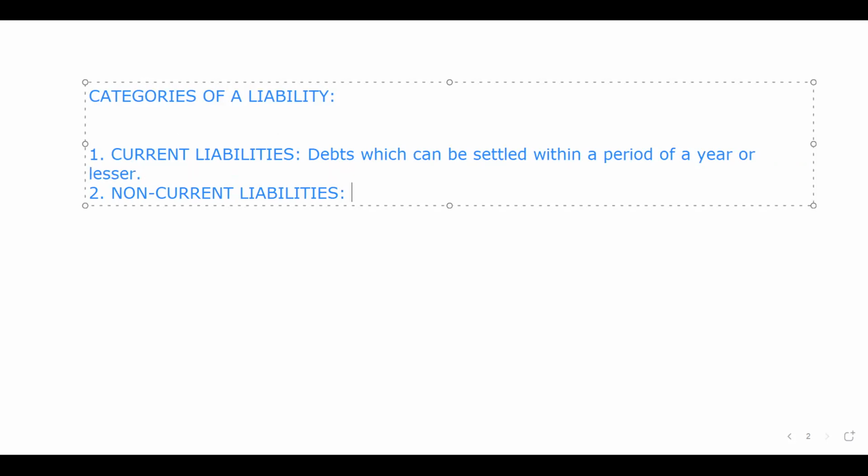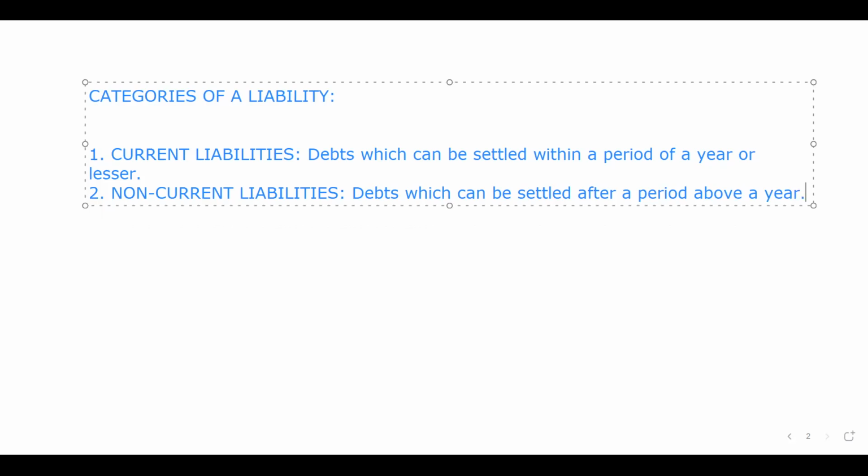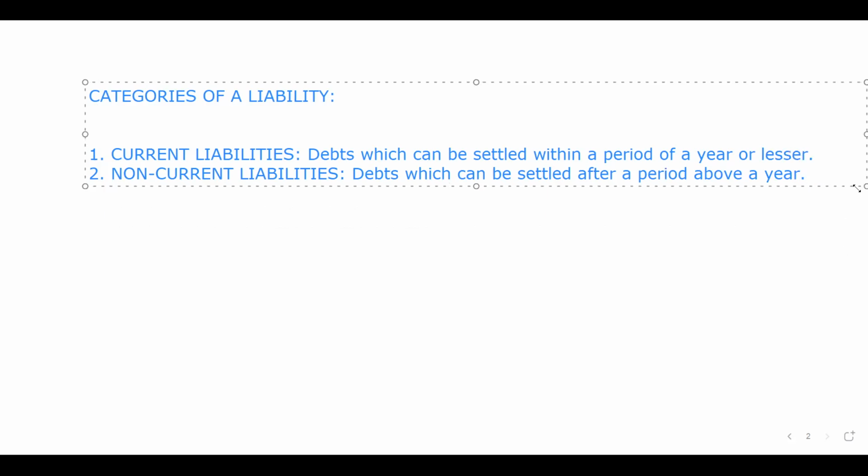Yeah. With non-current liabilities, these are debts which can be settled after a period above a year. Simple as that. This is just to help you understand the different categories of these things.